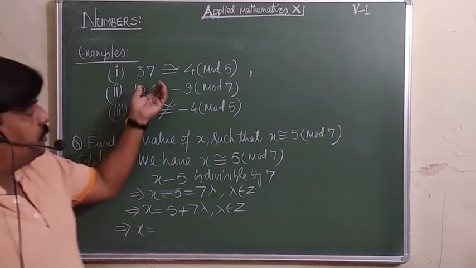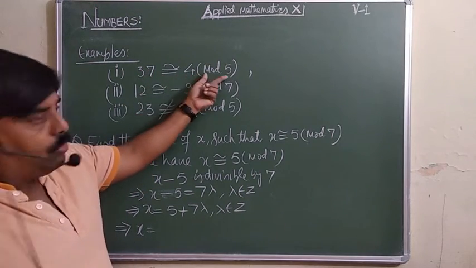Now the example: 37 is congruent to 5 modulo 4.